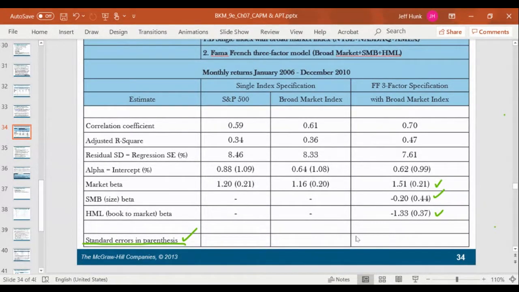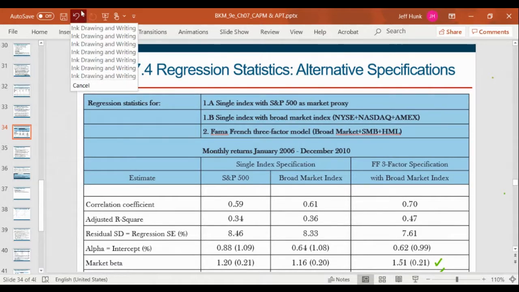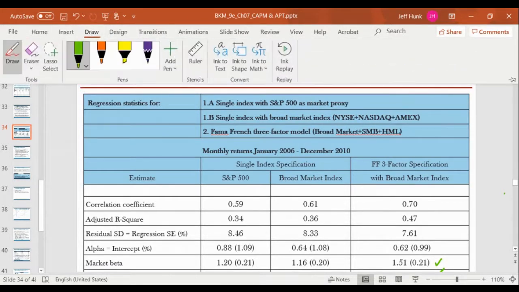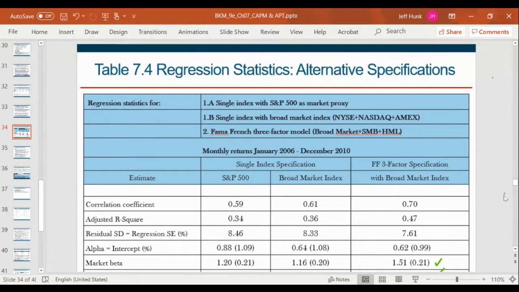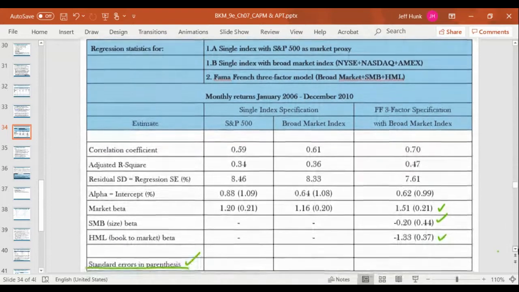In our last session, I said I would try to track down the original source data to verify these regression results. And actually, it looks like I can't.